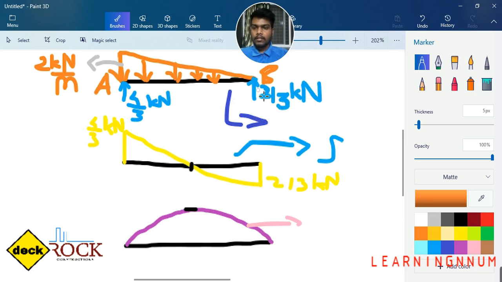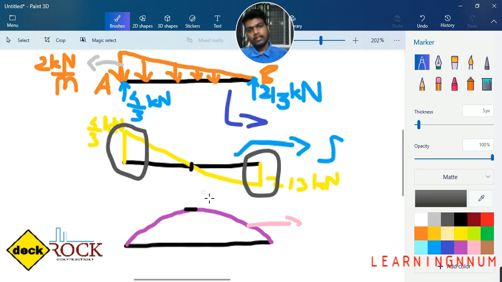Now at exactly these points in the SFD, that is the shear force diagram, we have a jump at A and a fall at B, from left to right. If you come from right to left, then you may say this is a jump and this is a fall. So whatever you would like to, you can say.